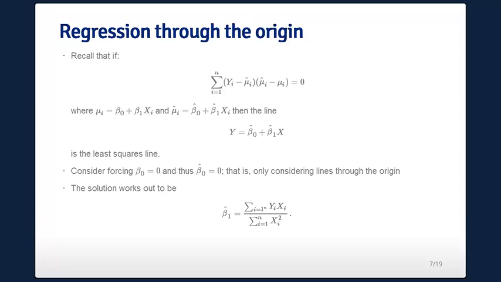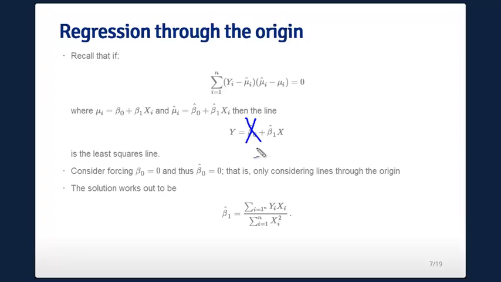Remember, we need to have this equation be equal to 0, where mu i is this and mu i hat is that, and then this guy will be the regression line. If now, instead of forcing beta 1 to be 0, we force beta naught to be 0, then we will have a regression line through the origin.